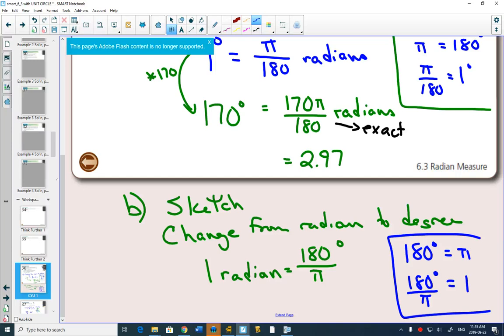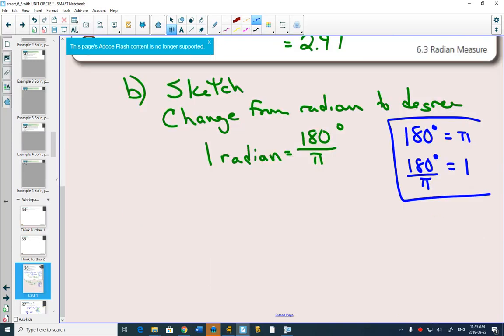Then if I want to change and figure out what negative 12 pi over 11 radians is, I would need to take 1. What would I multiply 1 by to get negative 12 pi over 11? This is why 1 is so nice to have. I could multiply 1 by negative 12 pi over 11 to get negative 12 pi over 11. If I do that on this side, I need to do that on this side as well.